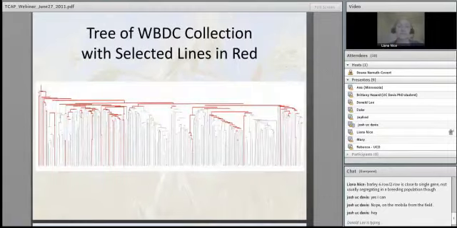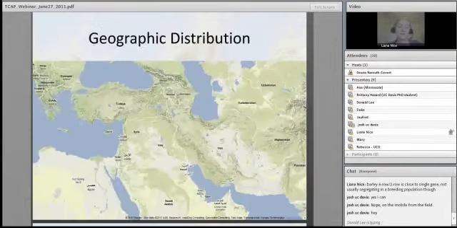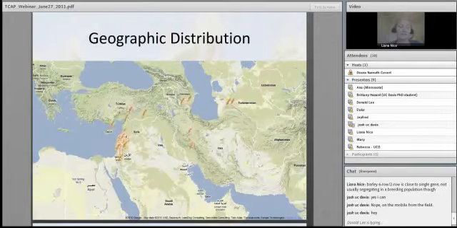A few ways I can show you the diversity of this population. This is a tree diagram of the entire 318 wild barley in that collection, and in red are the lines that were selected as parents. So you can see it pretty well encompasses the diversity of the collection. I can also look at geographic distribution. This is a map of the Middle East, and here are the 25 barleys and where they were sourced from.